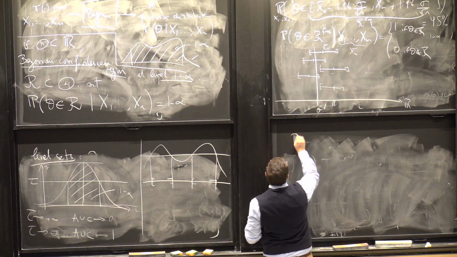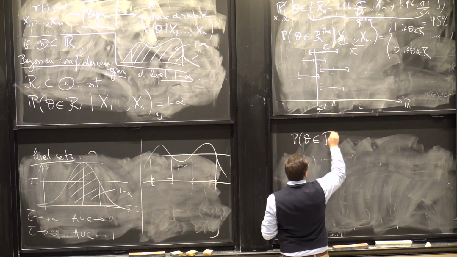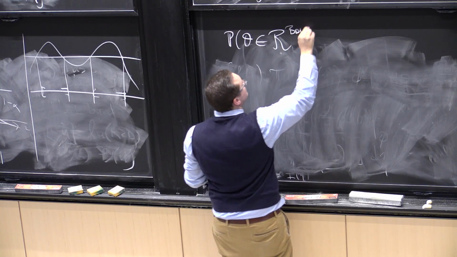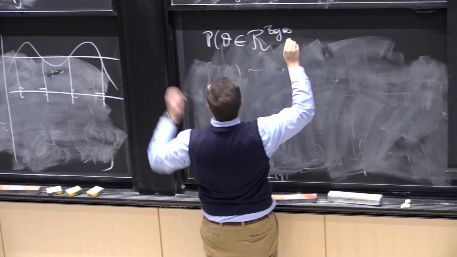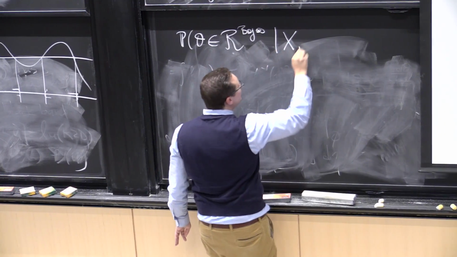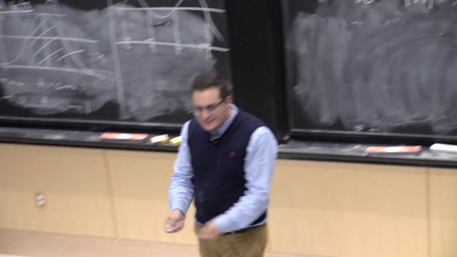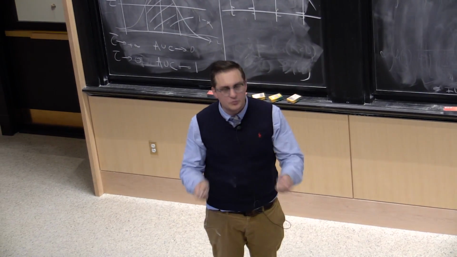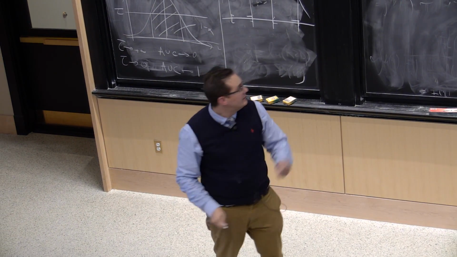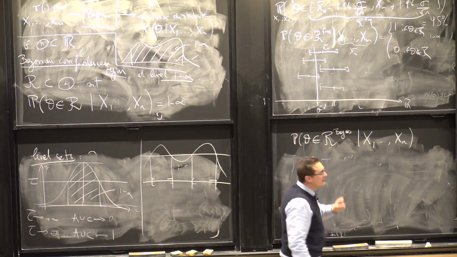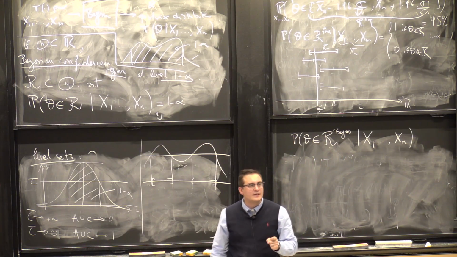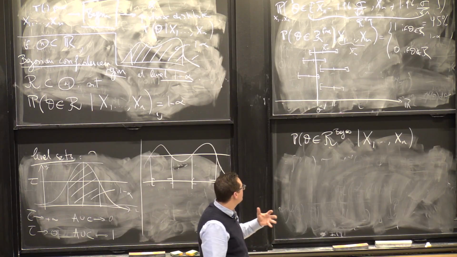When I said that the probability that theta belongs to R, and here I'm going to specify that it's a Bayesian confidence region like this one, this is actually conditional on the data that you've collected. It says, given this data, given the points that you have, just put in some numbers if you want, it's actually telling you the probability that theta belongs to this Bayesian confidence region.